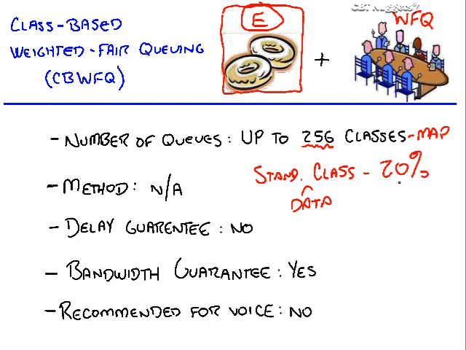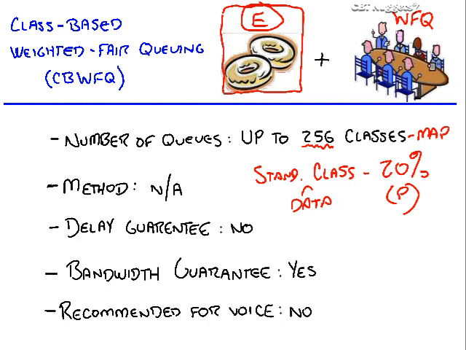Now remember, this is not considered priority bandwidth, meaning it may get that bandwidth after something else, but it will be guaranteed at least 20% of the interface bandwidth. So if you have a 1 megabit per second connection, this traffic, whatever you define in that standard data class using a class map, will get 200 kilobytes of that interface bandwidth. Sooner or later, it will happen.